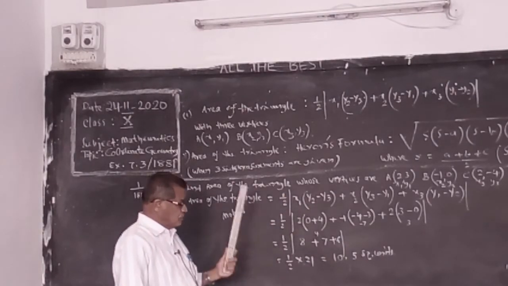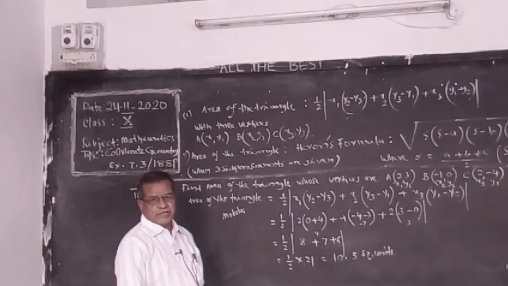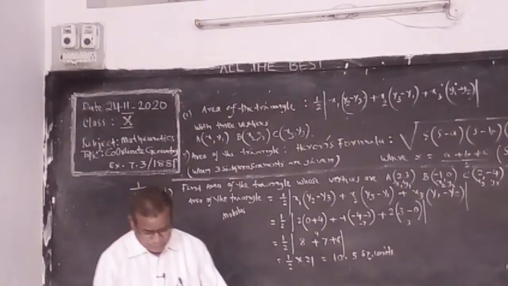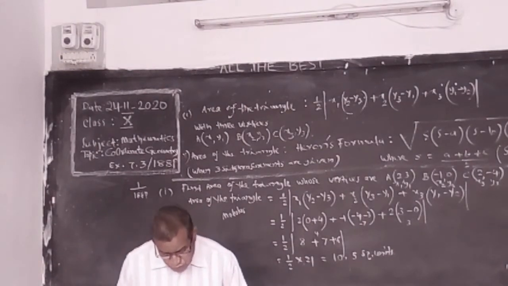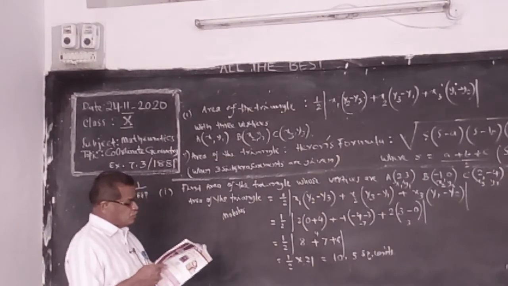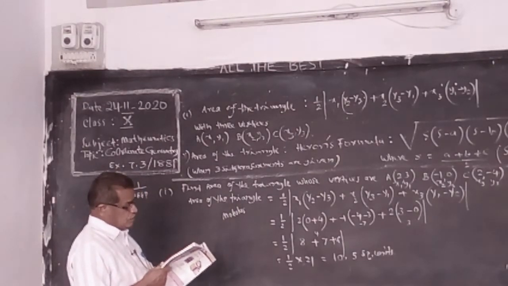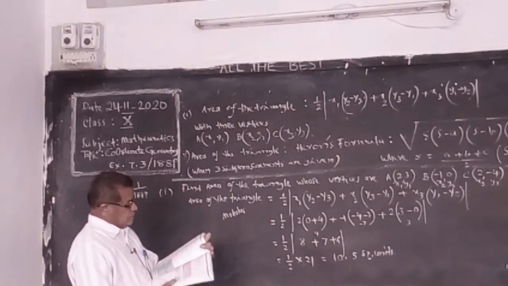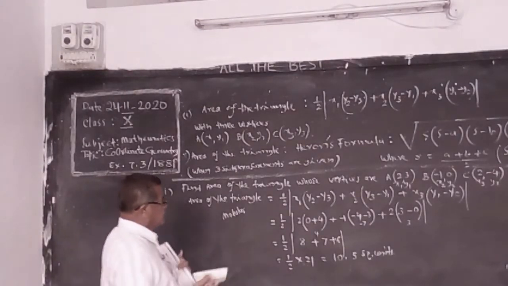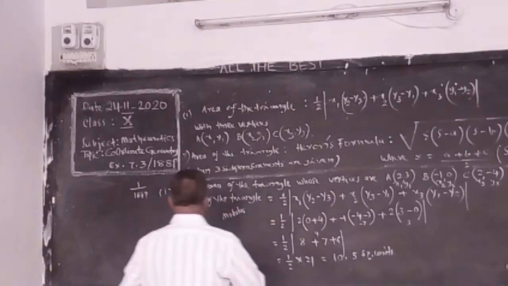Please practice the formula. Now, the second question: the remaining 2 problems you practice at home. Otherwise, I will explain the second also. All negatives are given. Don't get confused.